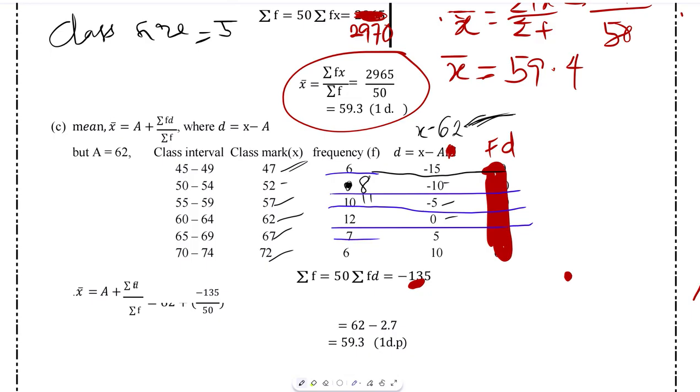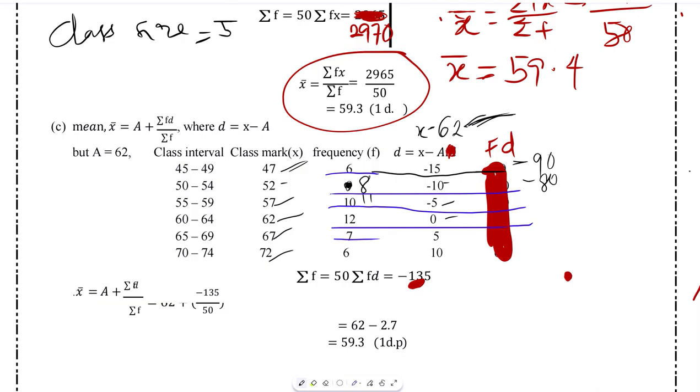So first I'm going to have 6 multiplied by negative 15, that will give us minus 90. Then 8 multiplied by negative 10, that will give us negative 80.